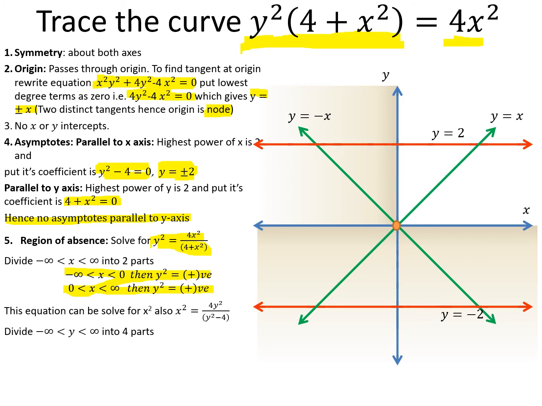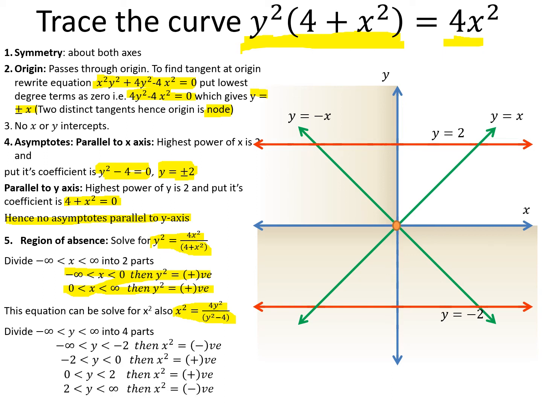Now we can rewrite our equation by solving this equation for x square. So you will get x square is equal to 4y square upon y square minus 4. If you put denominator and numerator of the right hand side equal to 0, then we will get y equal to 0, y equal to 2 and y equal to minus 2. So now minus infinity to plus infinity, the y axis is divided into four parts, that is minus infinity to minus 2, minus 2 to 0, 0 to 2 and 2 to infinity.